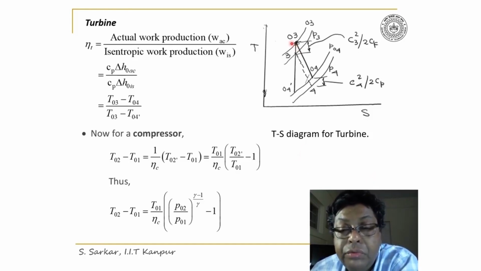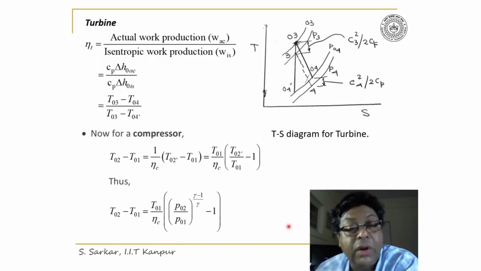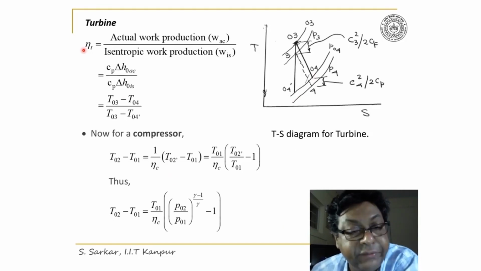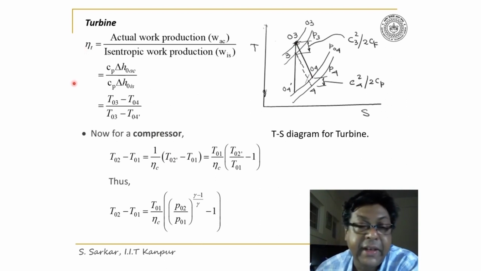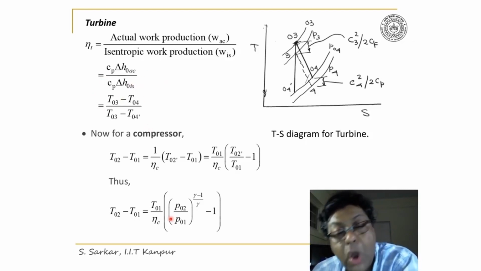Now 03 to 04 dash is the isentropic work production, and 03 to 04 is the actual work production. Thus the efficiency for a turbine can be expressed as Cp into del H0 actual divided by del H0 isentropic.